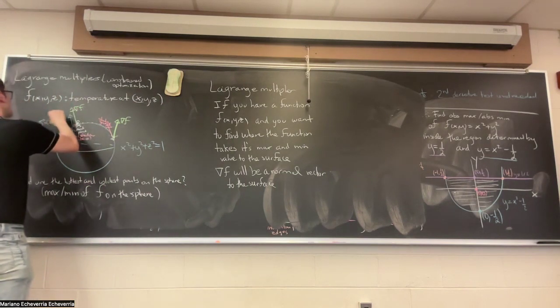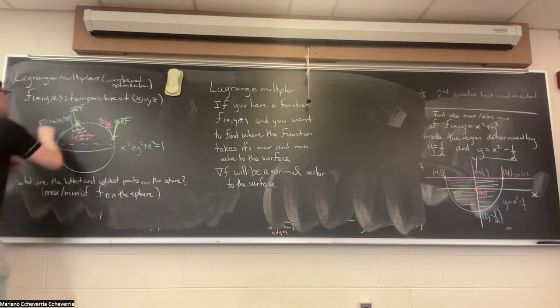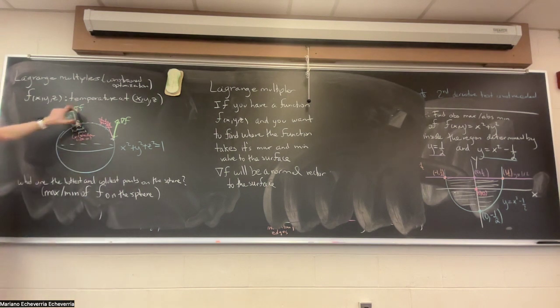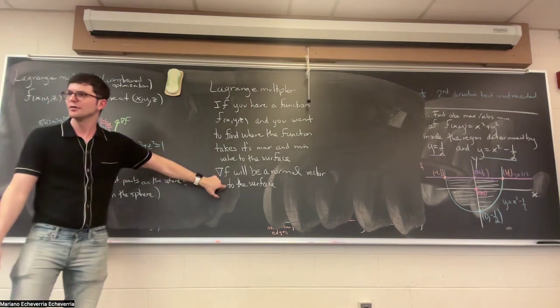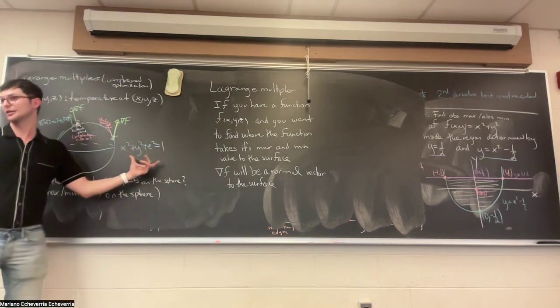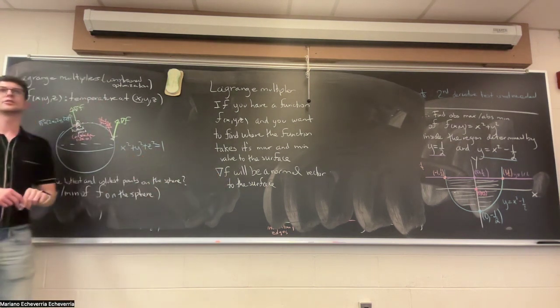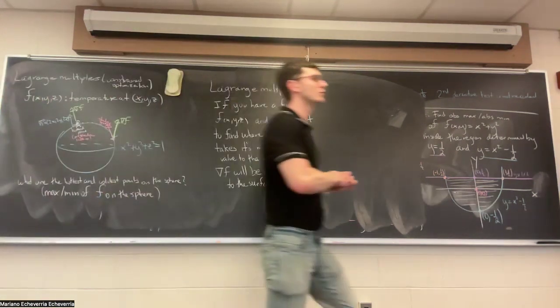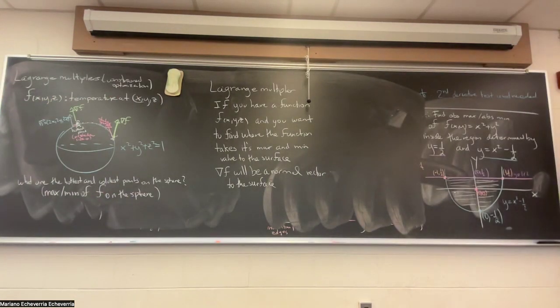Perfect. So what the Lagrange method is saying is that this gradient has to be essentially parallel to the other gradient. So there are two gradients at play: the gradient of the function, and the gradient of the equation that defines the surface. In the Lagrange method, you're looking for the two gradients to be parallel.